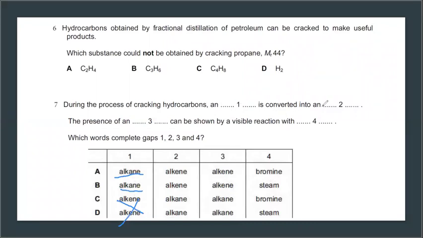Something is converted into something else, right? During the process of cracking hydrocarbons, an alkane is converted into an alkene.